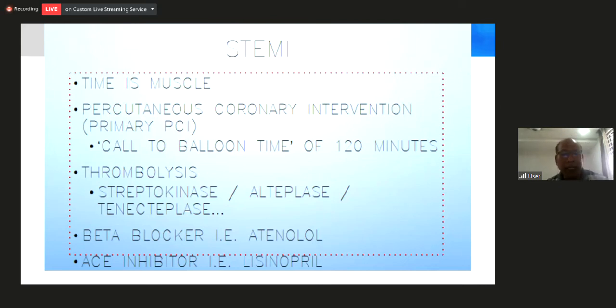Also you can give beta blocker to the patient, but beta blocker is not indicated if the patient is Killip 2 and above. Please don't give beta blocker. And then you can also start the patient on ACE inhibitor, for example. Next slide, please.